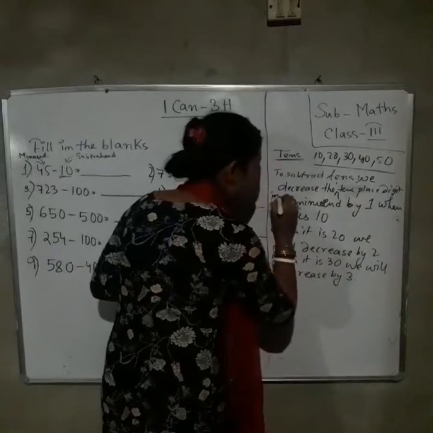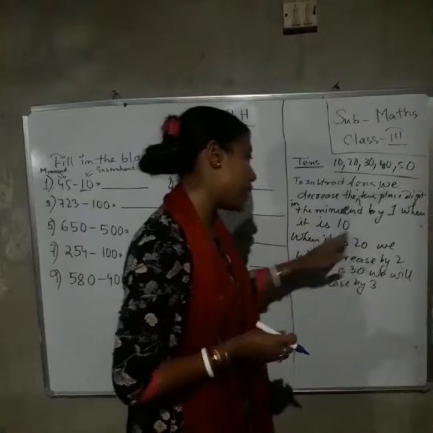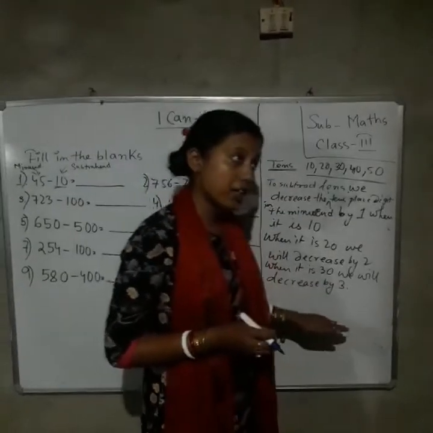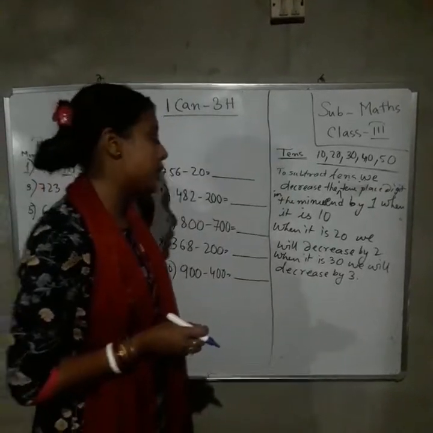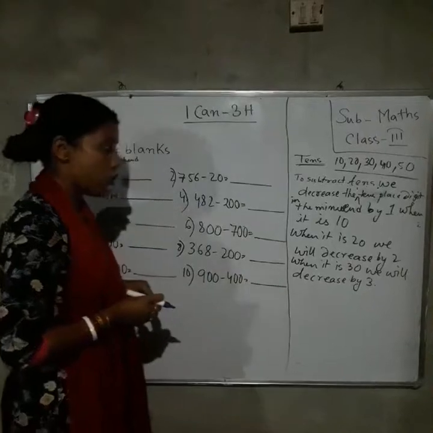I'll repeat it again. To subtract tens, we decrease the tens place digit in the minuend by 1 when it is 10, and like this it will go on. When it is 20, we will decrease by 2. When it is 30, we will decrease by 3. When it is 40, we will decrease by 4.